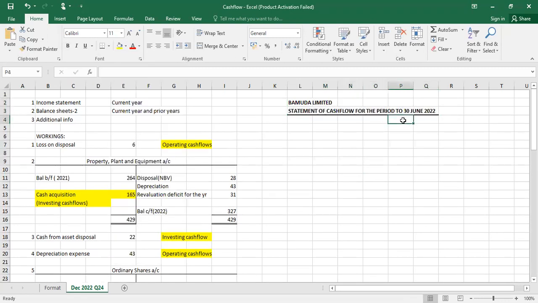For a statement of cash flow, you need 2 columns for the amount. We have shillings in millions. And then another 2 columns for the amount.